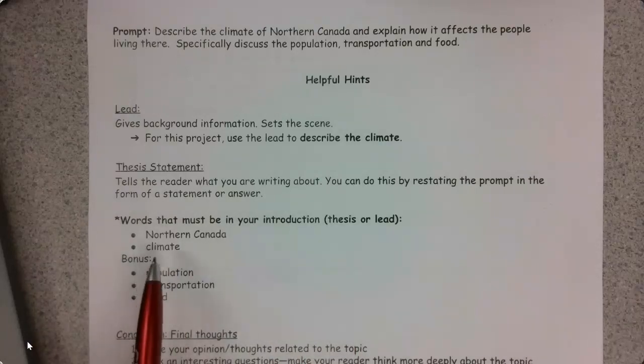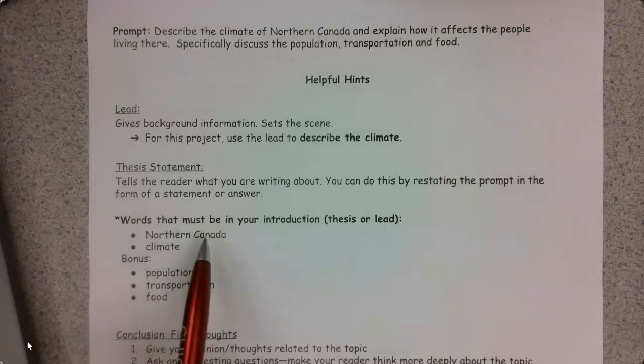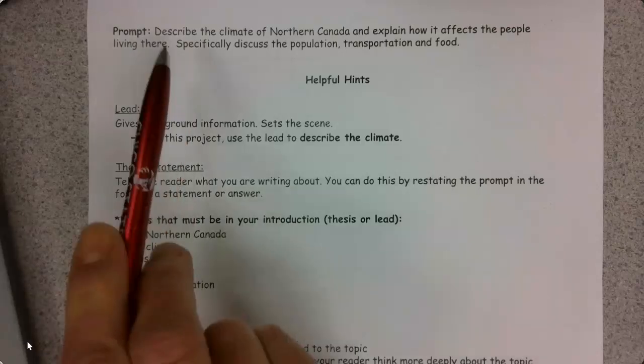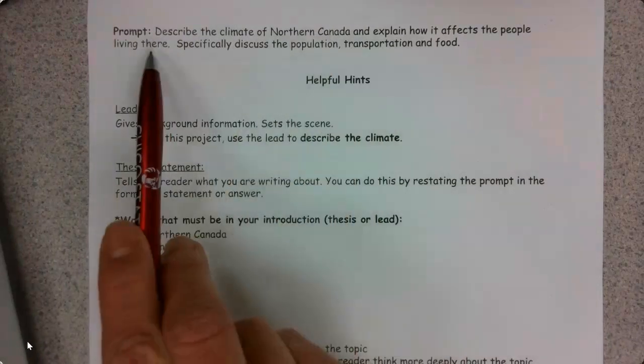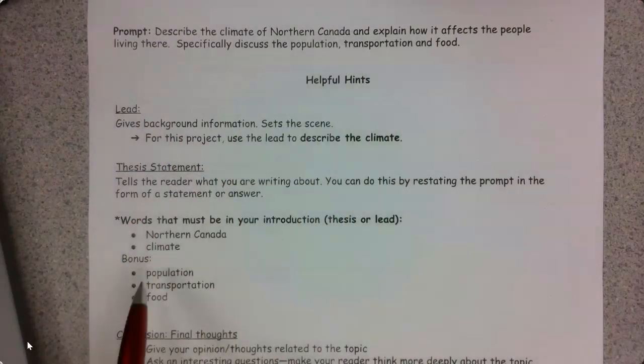So somewhere in your introduction, you must use the words Northern Canada and climate, because this is about Northern Canada and about how climate affects the people living there. Okay, bonus words to include, maybe in your thesis statement, would be to be a little more specific and use the words population, transportation, and food.